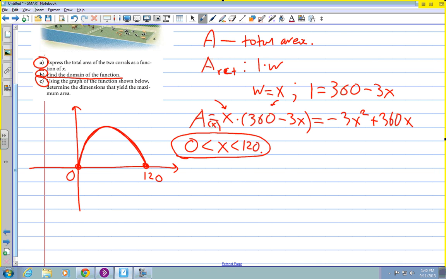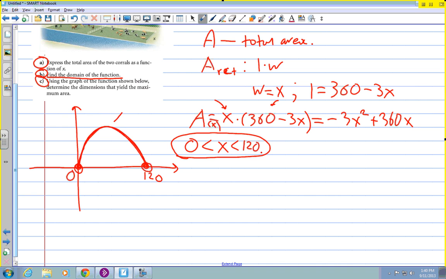Wouldn't they be open circles? Yeah, it could be open, because they're not supposed to include the endpoints. Technically you're right. But this is the graph that represents the area of this region. Now, can you pinpoint a point at which the area is the maximum? What is the highest point? The top.